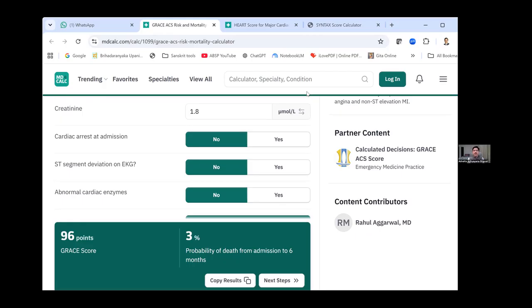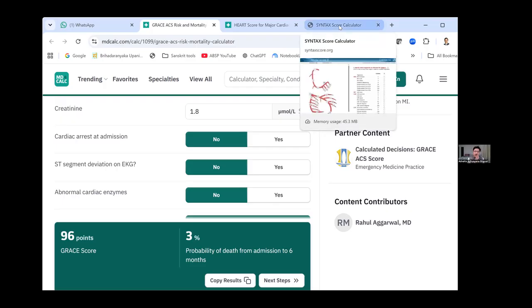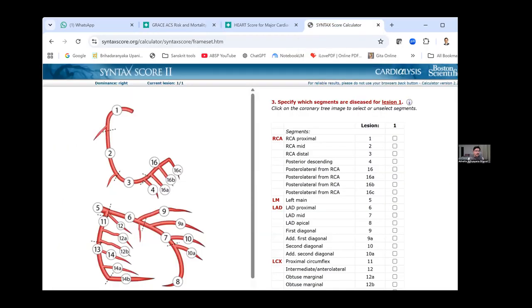Once you decide to do the procedure, whether I do CABG or whether I do PCI, that is angioplasty, whether I do the culprit vessel alone, or whether I tackle all the problems, is decided by the SYNTAX score. Now you see the SYNTAX score comes on your screen. So that is the coronary anatomy. This is the right coronary and this is the left coronary. When you enter the score, it will ask you, is it right dominant or left dominant?